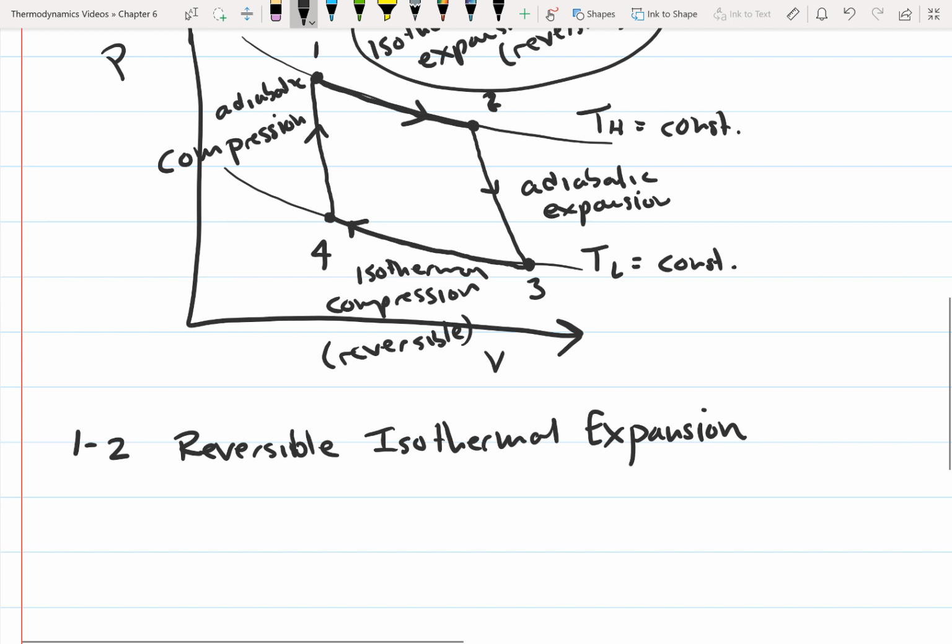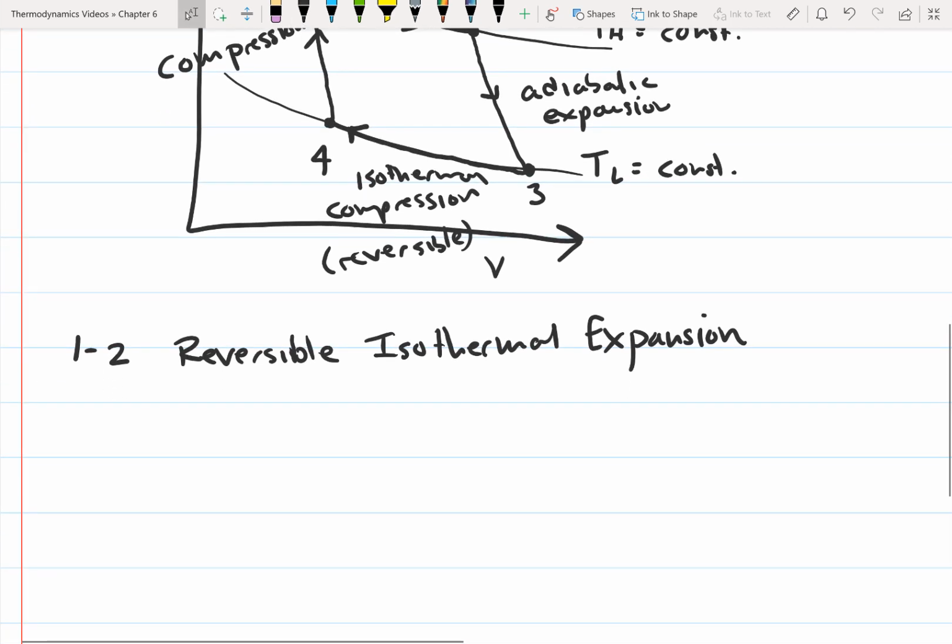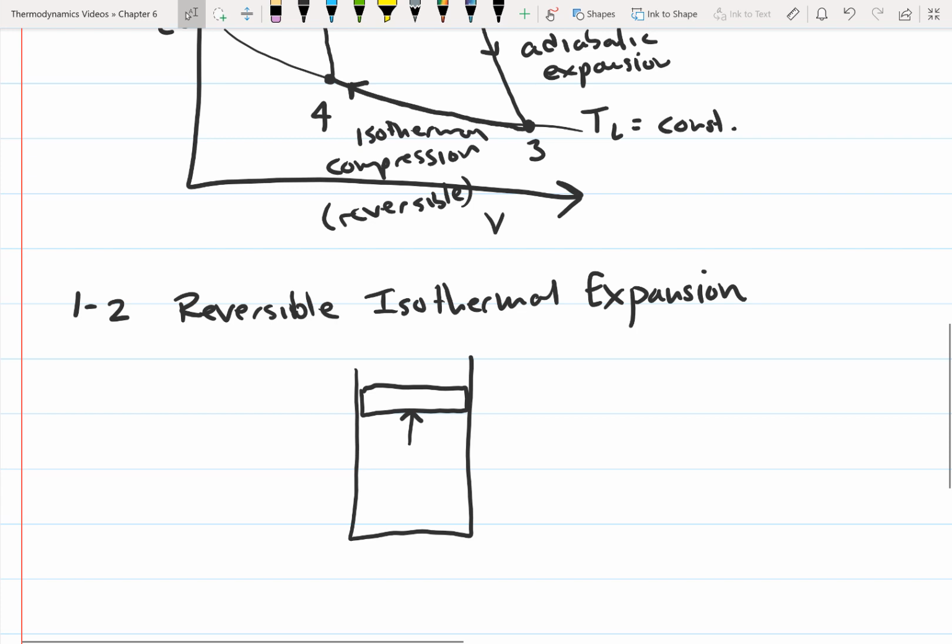be taking place inside possibly a boiler, but for simplicity, we're just going to imagine a piston cylinder. So basically we have a piston cylinder, and so here's our piston and cylinder, and this gas is expanding, but it's doing it isothermally.